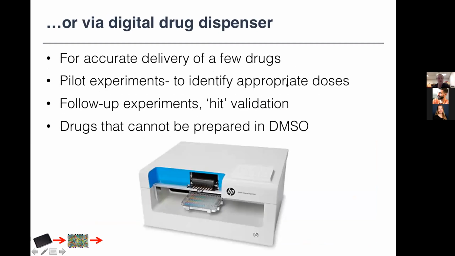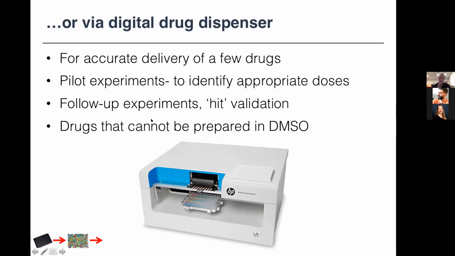But if you're working with a smaller drug set, or if you're lucky and have access to a digital D300 drug dispenser, you can use it. It performs best with drugs that are prepared in DMSO, but it can dispense aqueous solutions as well. We typically use it for pilot studies, as well as for some validation and follow-up experiments based on larger screens.